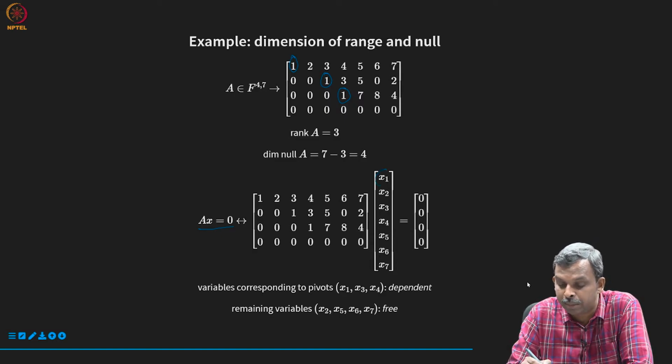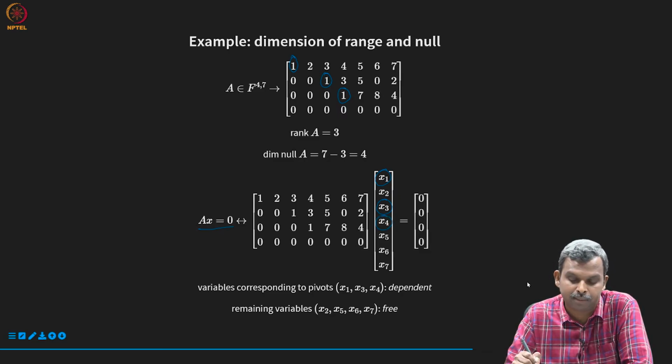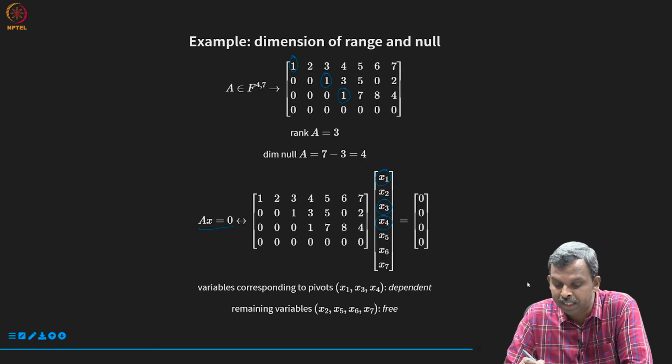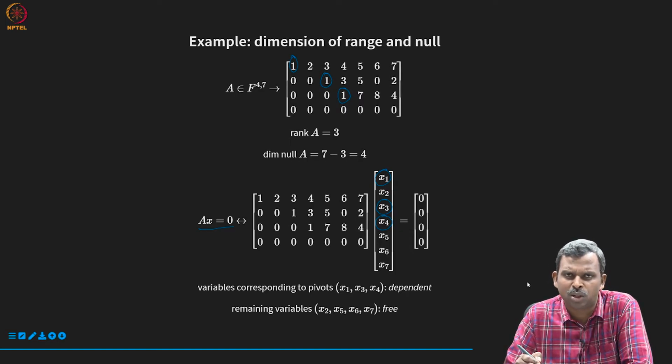So your first variable, which multiplies the first column, the third variable, which multiplies the third column, and the fourth variable, which multiplies the fourth column, become your dependent variables. All the other variables, x2, x5, x6, x7, become free variables. And you see clearly the number of free variables is equal to the dimension of the null space. All these are not coincidences. They come because of the very reason why null space and dimension are defined.